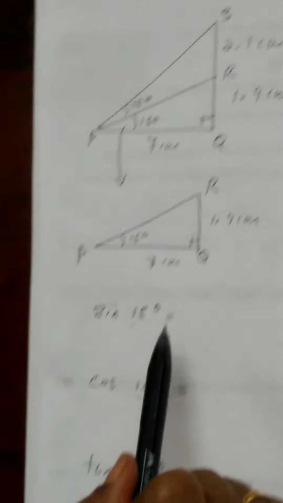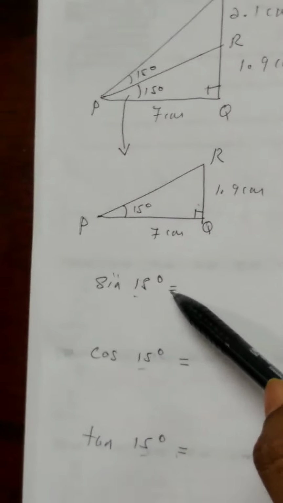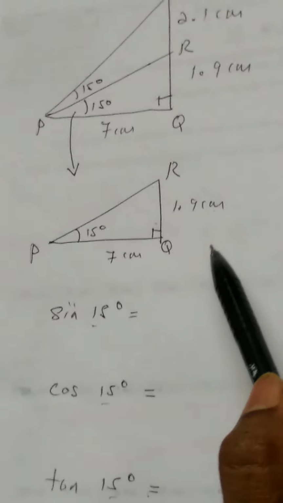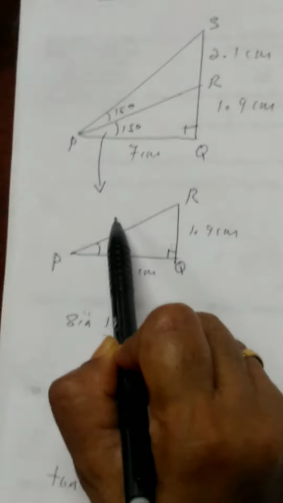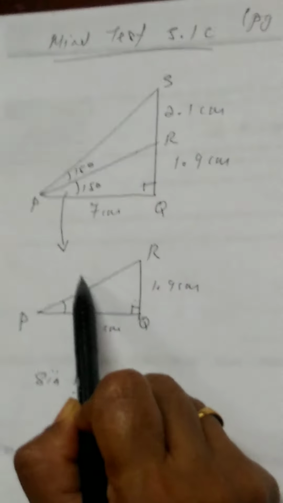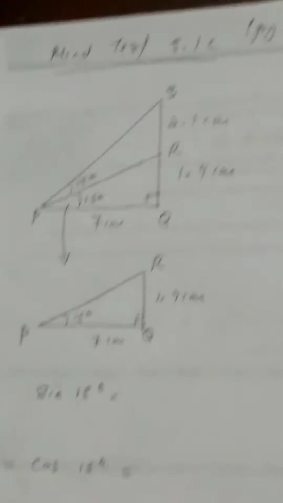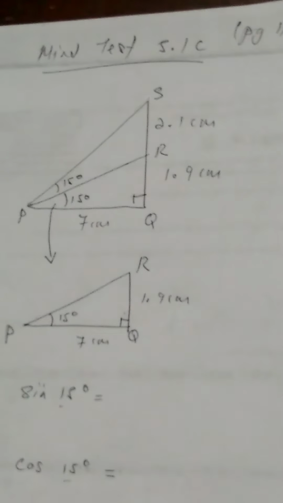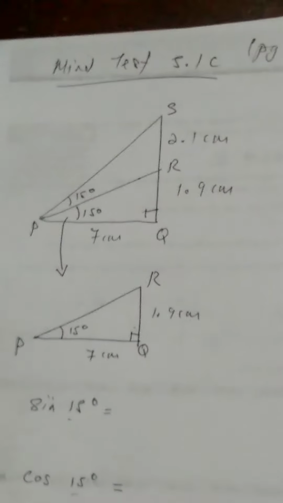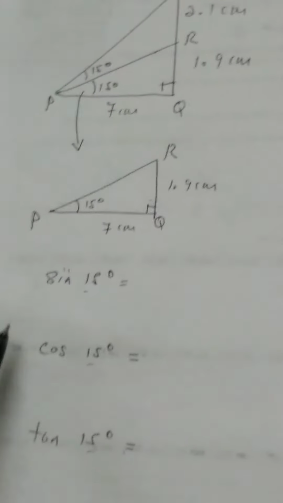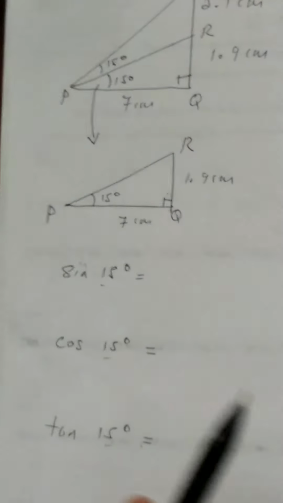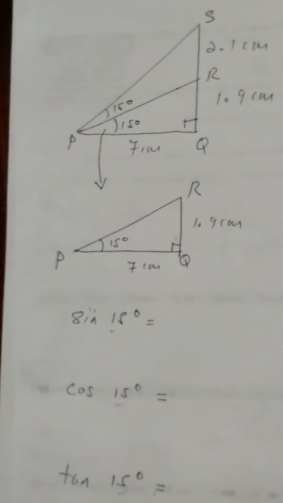Okay, so that means if I'm going to use sine, cos, and tangent 15 degrees, I need to look for this side first. Now this side can be obtained using the Pythagoras rule that says a squared plus b squared equals c squared.